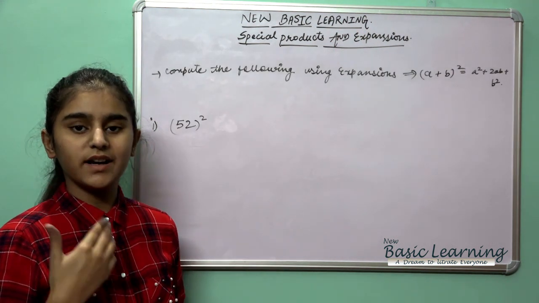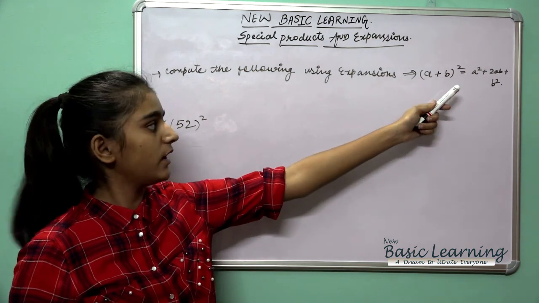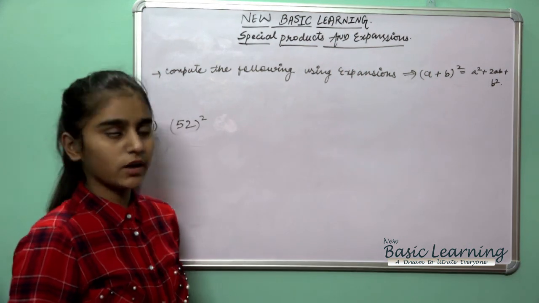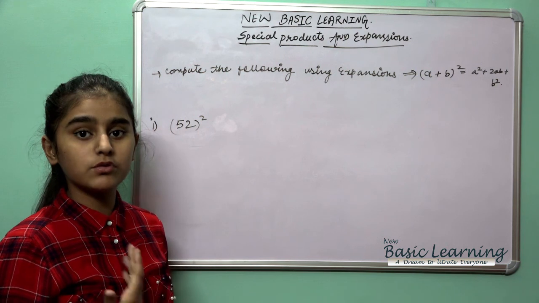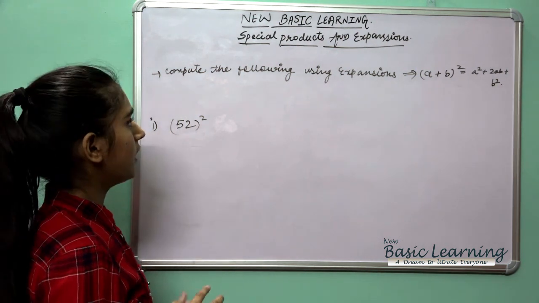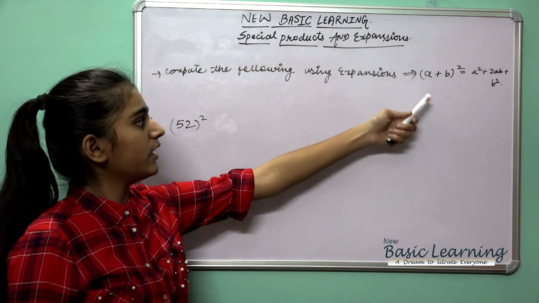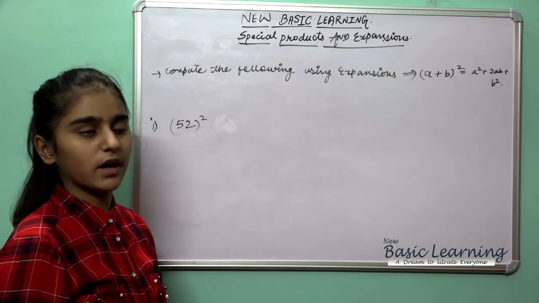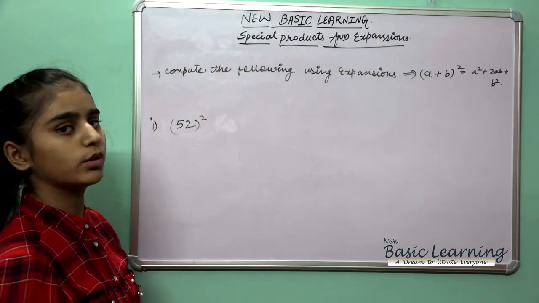Now another type of question that we use in the formula is given by (a plus b) whole square, that we have completed earlier, but the question is a little bit changed and you have to use the formula in that question. The question says compute the following using expansion (a plus b) whole square equals a square plus 2ab plus b square, and it is asked to calculate 52 whole square.